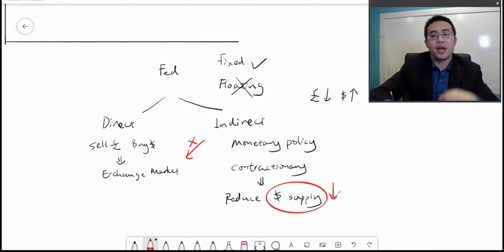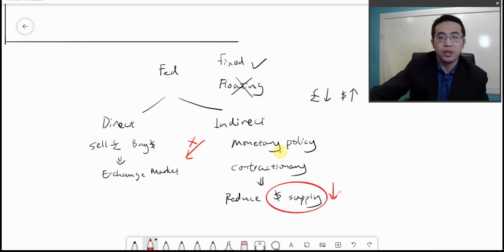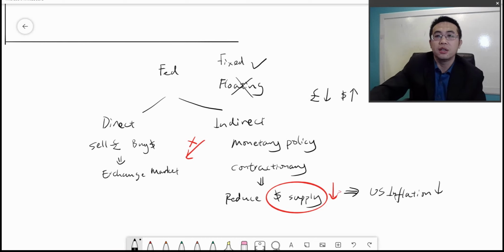Okay, so this would lead to lower US inflation. As I previously demonstrated, the country with higher inflation would have its currency depreciate, and a country with lower inflation would have its currency appreciate.